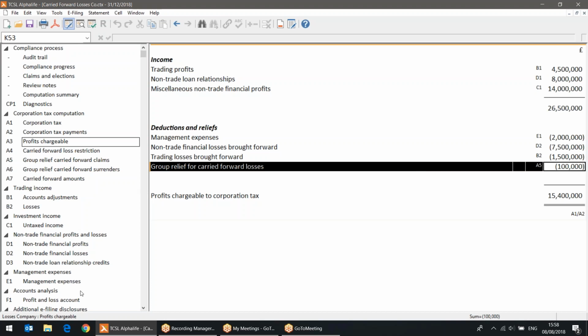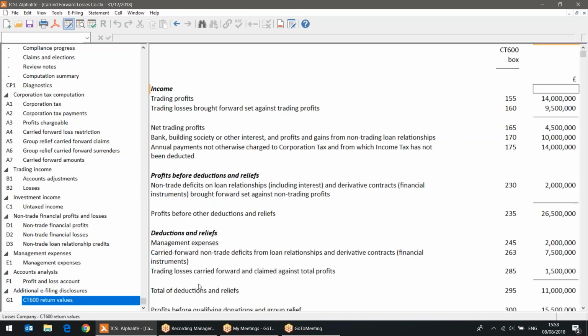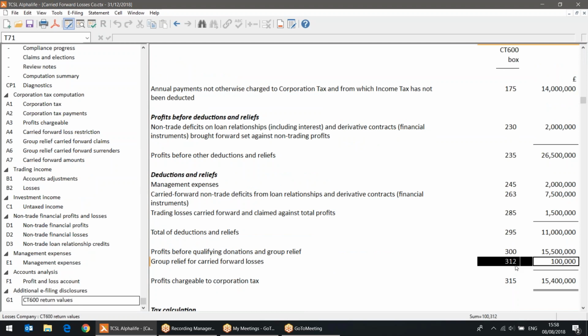Any amounts claimed, again, flow into a new box, being box 312, in that same section of the CT600 that we saw before. And in addition, the CT600C now includes 2 additional pages that return details of amounts of group relief for carry forward losses claimed or surrendered.